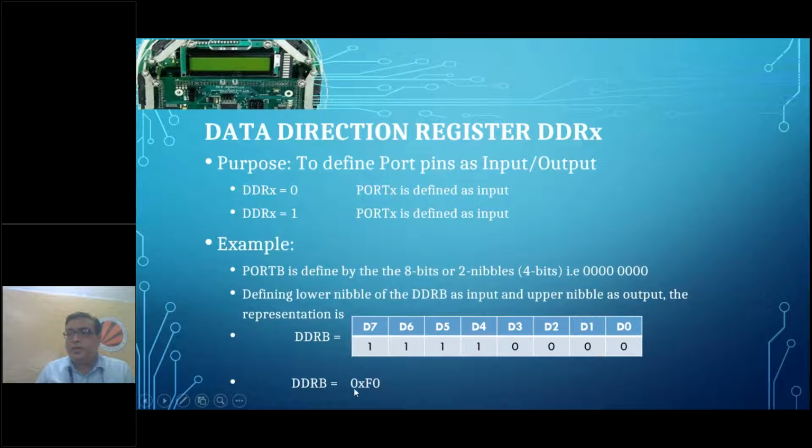So we use 0xF0. The upper nibble 1111 is 15, and the hexadecimal value of 15 is F. The lower nibble is 0. So F represents the complete upper nibble, and the second nibble is represented by 0.